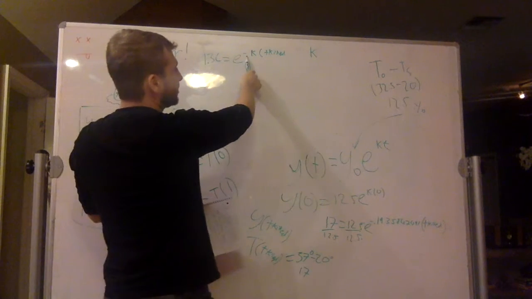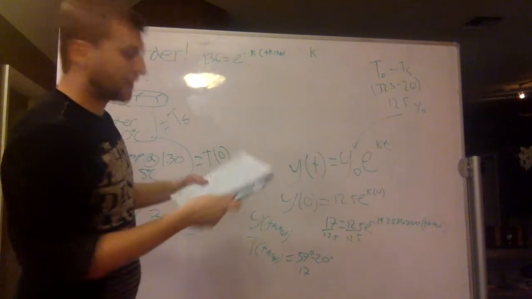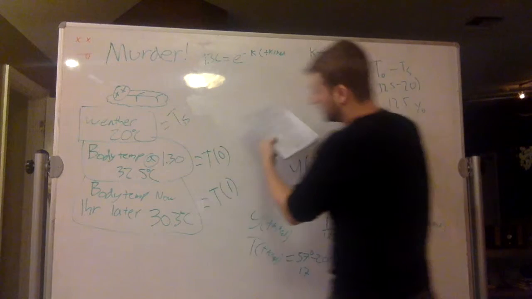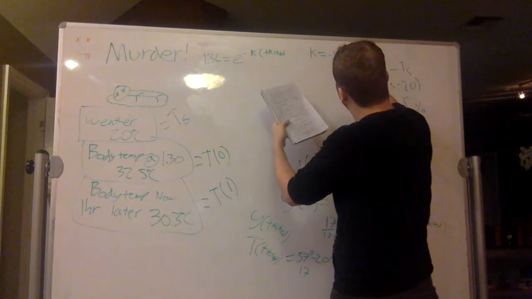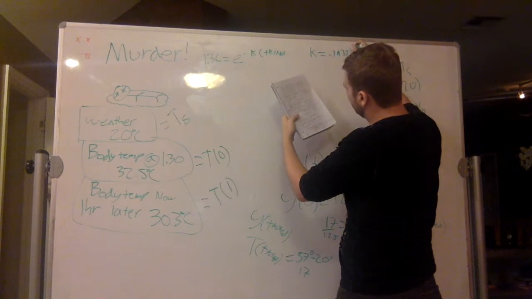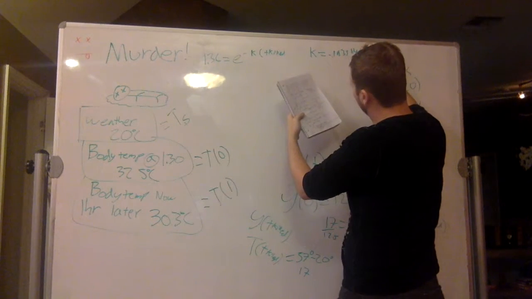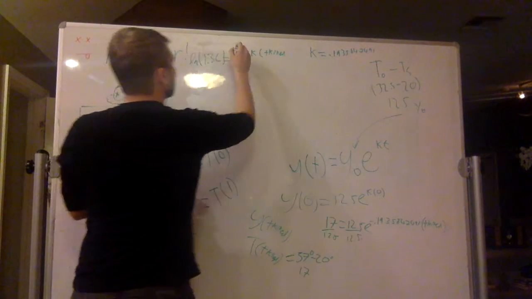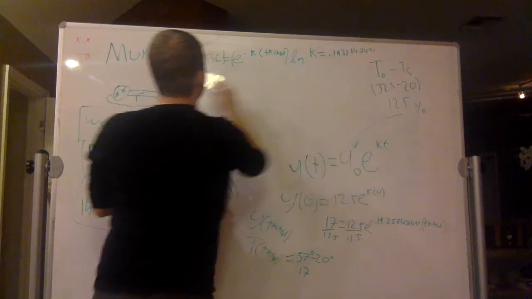equals e raised to the negative k. And I'm just going to define k up here because it's such a long, wordy number that we're just going to define it and move on, and I'll keep using k until we need to calculate. 0.193584741. So now we take the natural log of both sides, and that undoes that exponential.